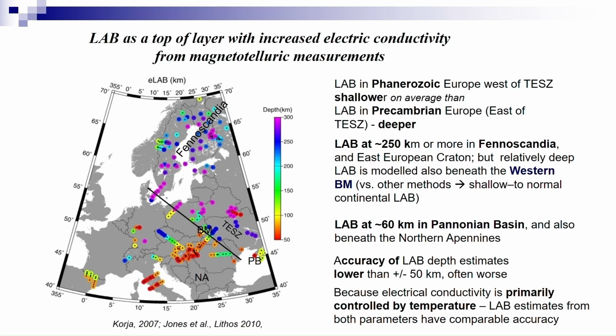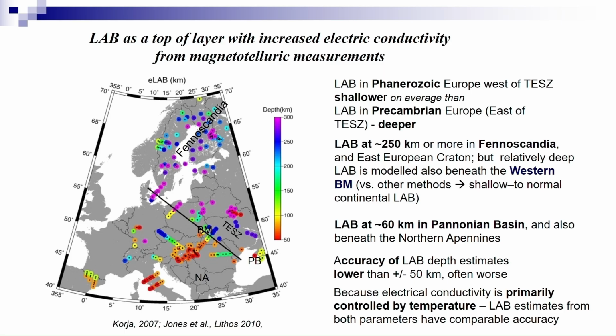This slide shows LAB as the top of a layer with increased electrical conductivity from magnetotelluric measurements. LAB in Phanerozoic Europe, west of the Trans-European suture zone, is shallower on average than LAB in the Precambrian Europe.